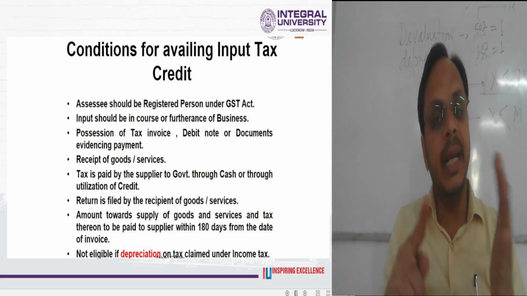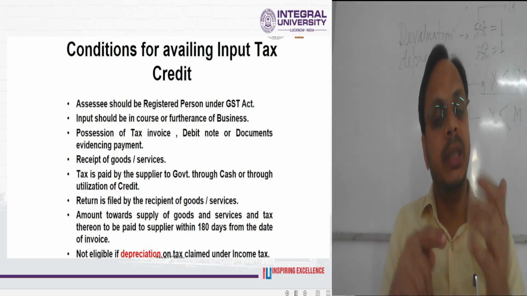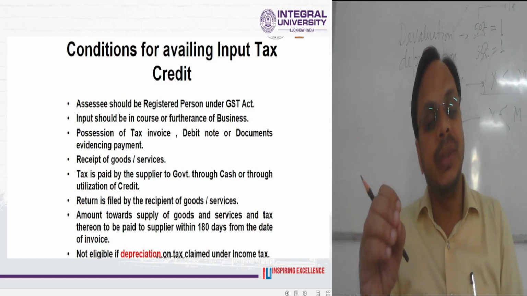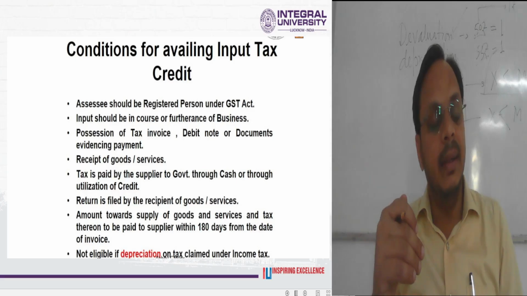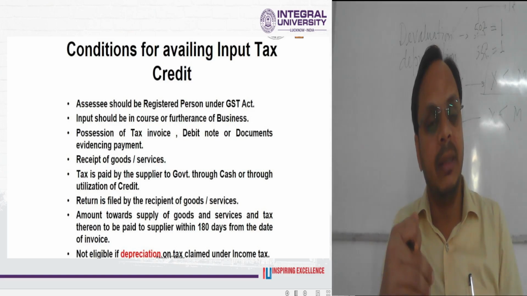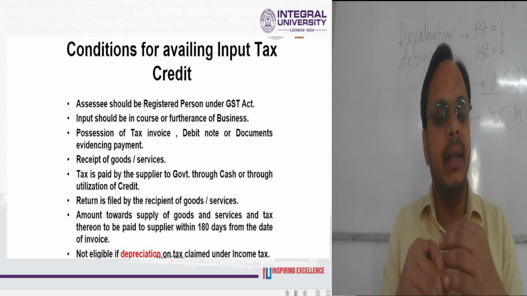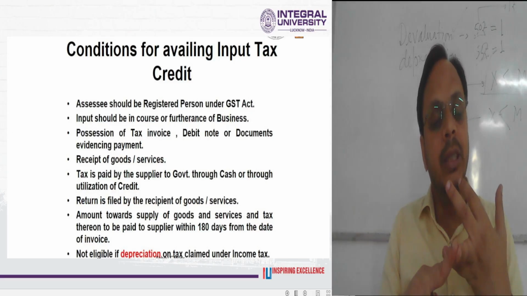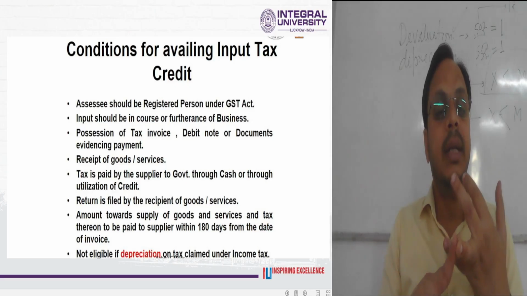So to get the benefit of input tax credit, the assessee should be a registered person. Second condition: input should be in the course or furtherance of the business, right? The third condition: possession of a tax invoice, debit note or other document evidencing payment is a must. It is mandatory to keep all records, meaning debit note, credit note or tax invoice.